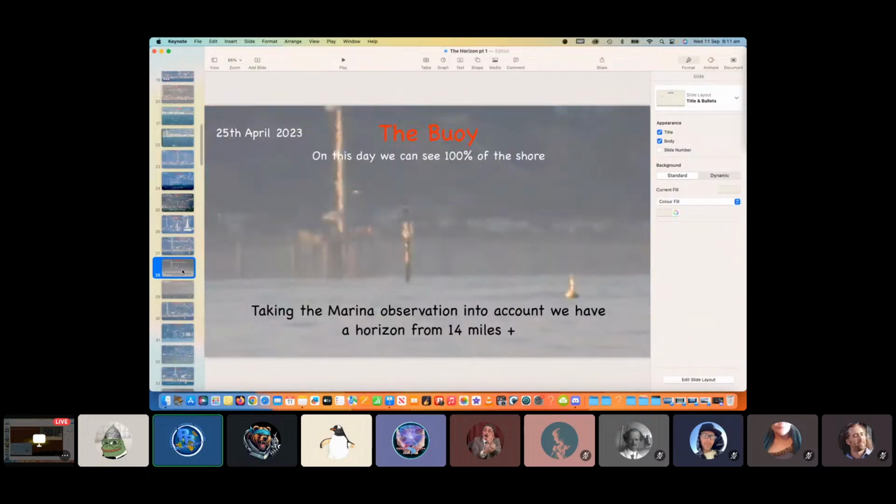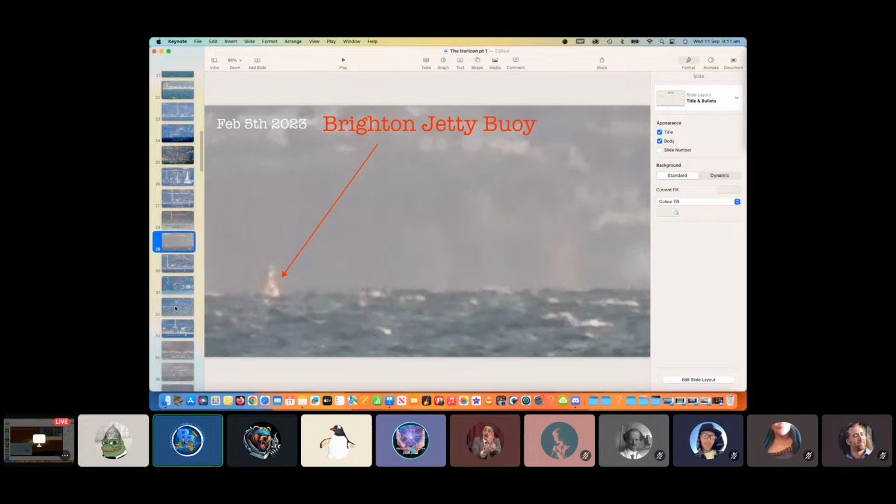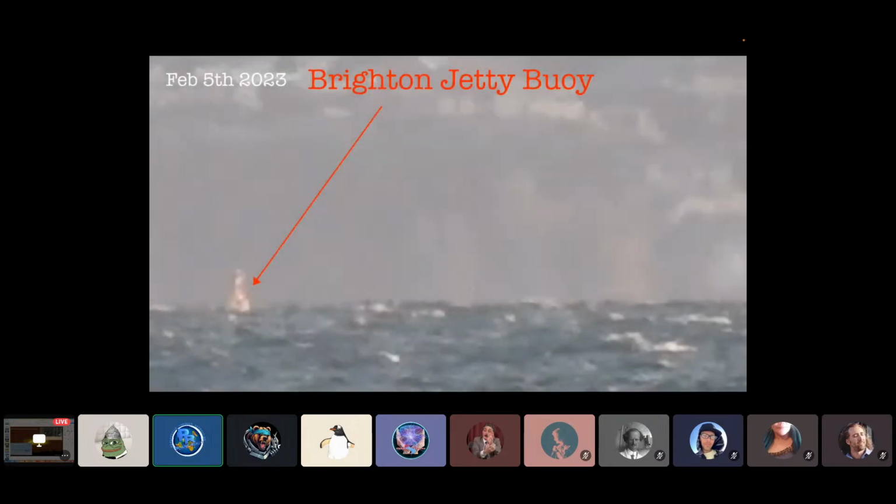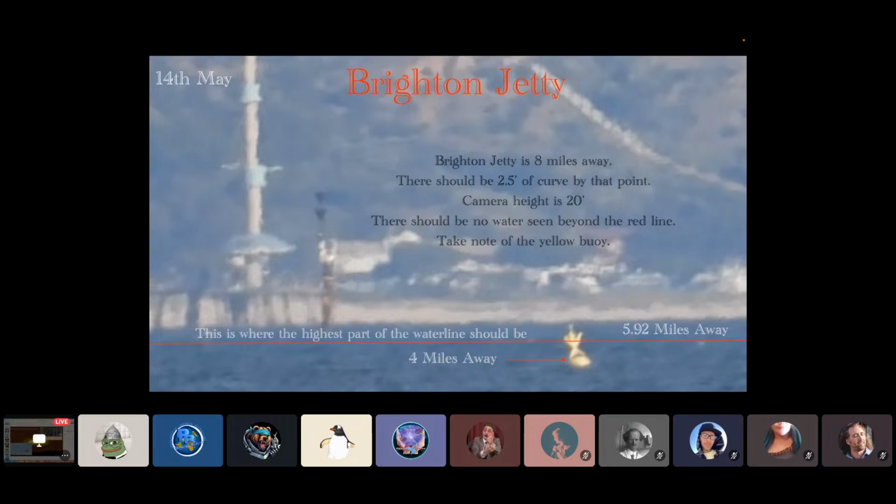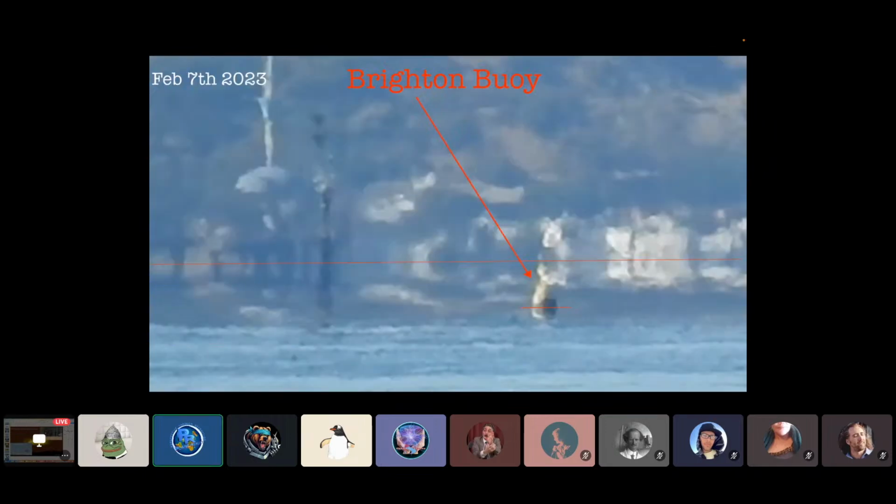As we move through, you'll see there's the buoy right on the horizon again. Maybe I'll go into a larger screen for a moment so I can skip through. We see the horizon moving.